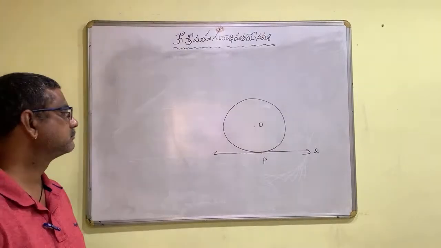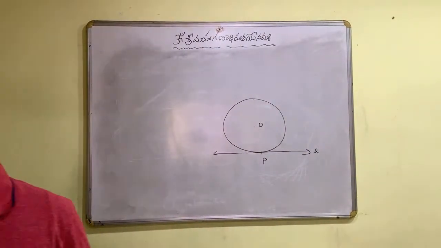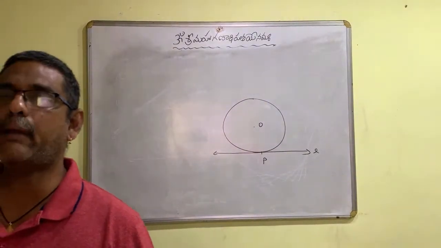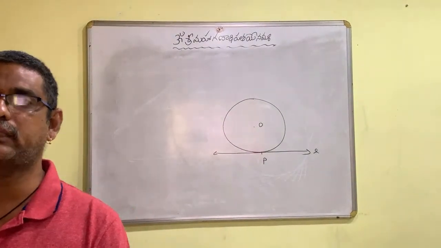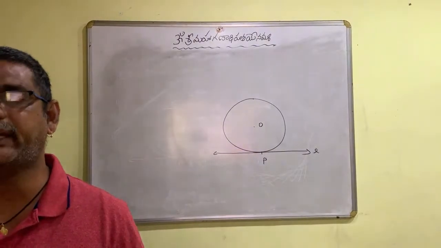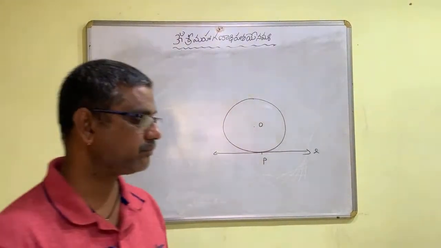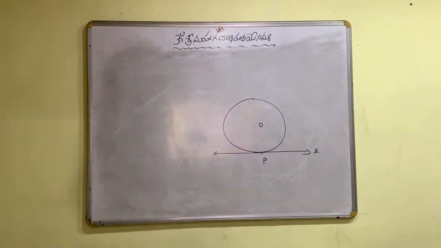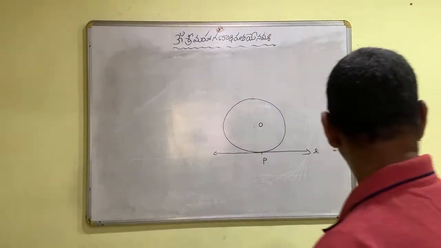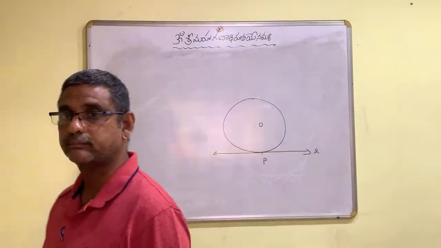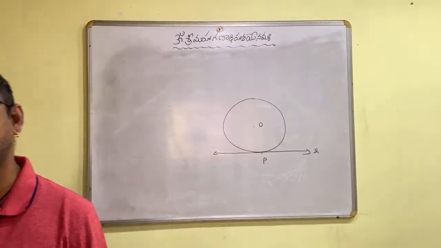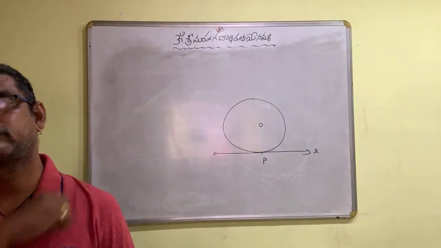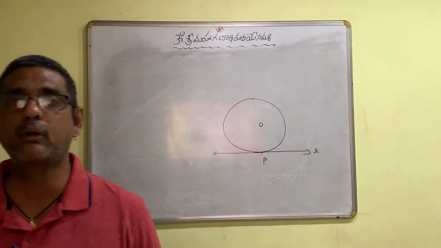Here, L is tangent to the circle with center O at P. Now, think about P. Children, think about P. What can you say about P?